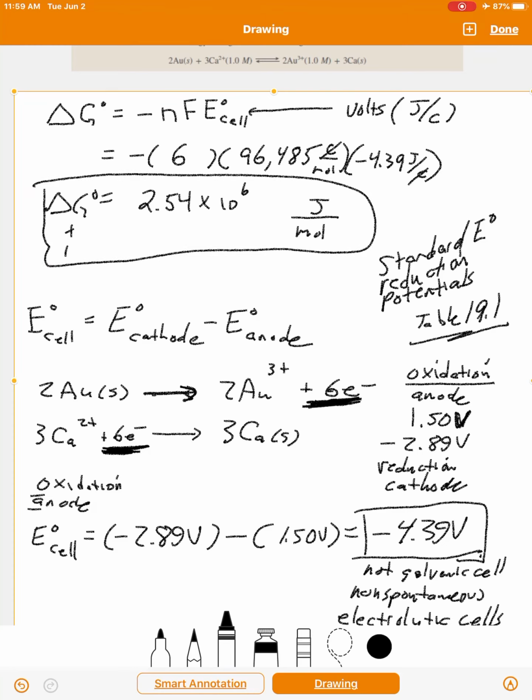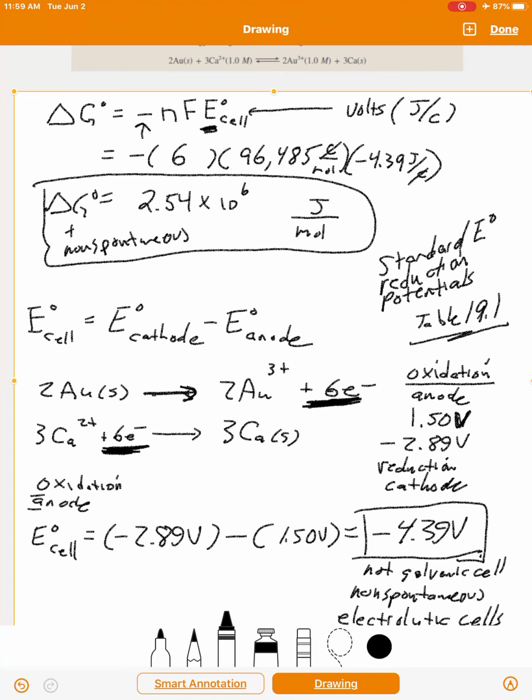Positive means non-spontaneous. Okay? And so keep in mind the sign convention. For delta G, positive is non-spontaneous, negative is spontaneous. For E cell, it's the reverse. Negative is non-spontaneous and positive is spontaneous. And the way you can tell is this right here.